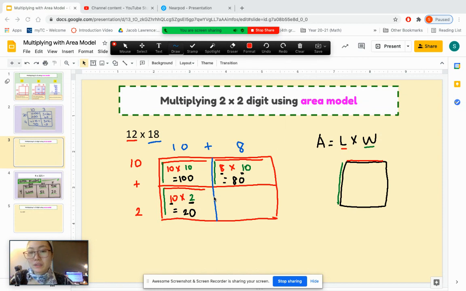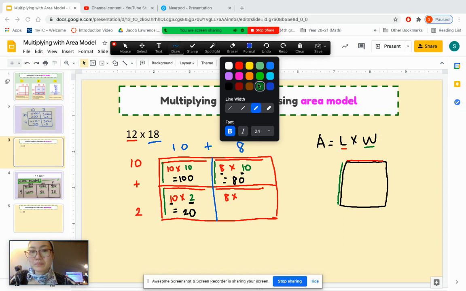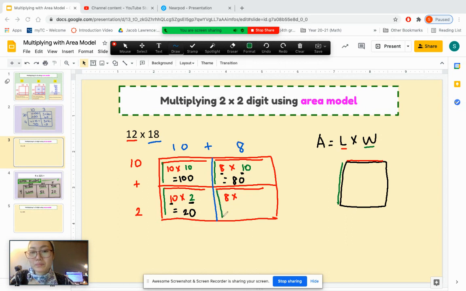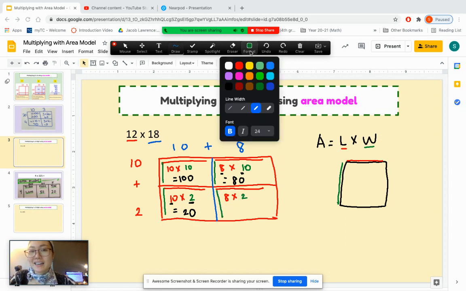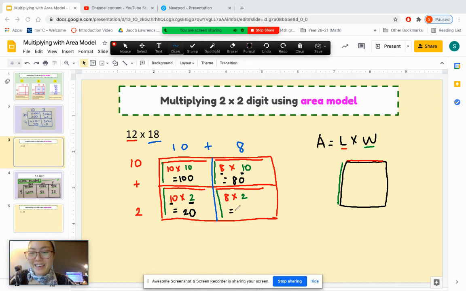We can do the last one together. Our length is 8 times our width, which is 2. And that gives us, you're right, 8 times 2 is 16. Now this is what we need to do.